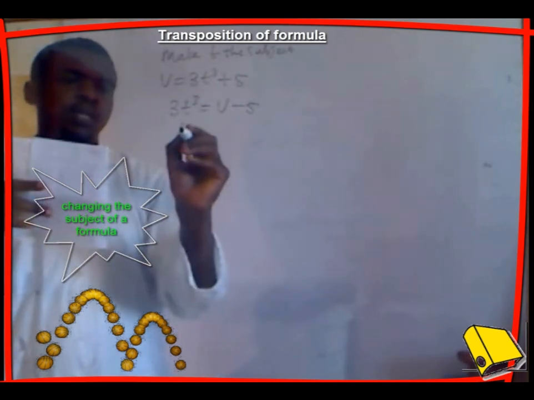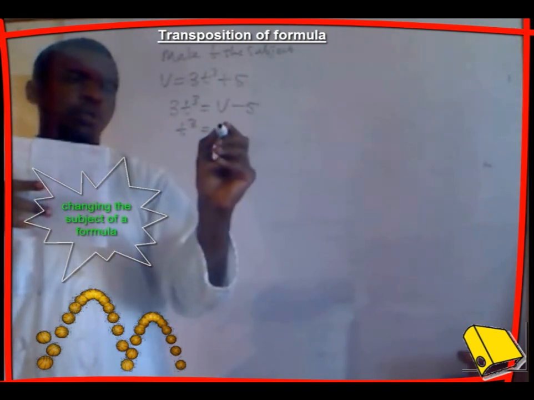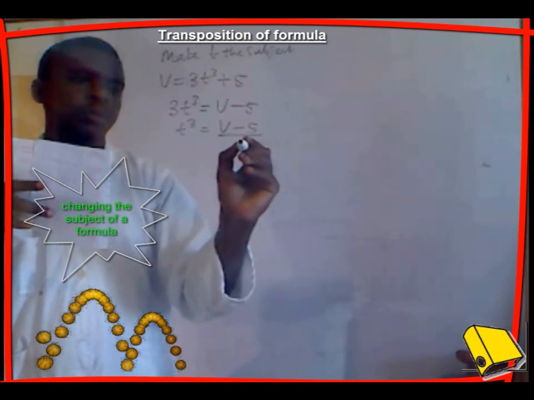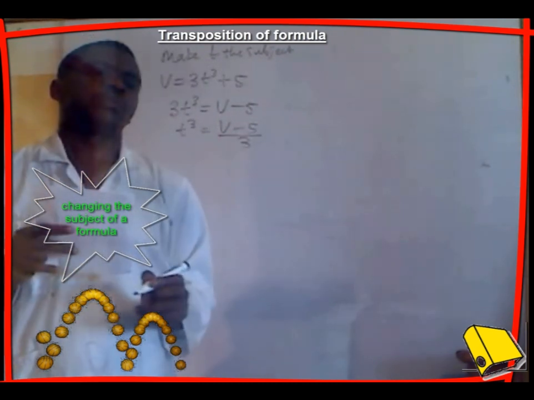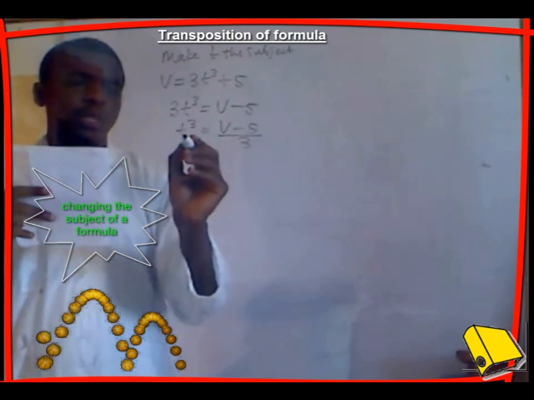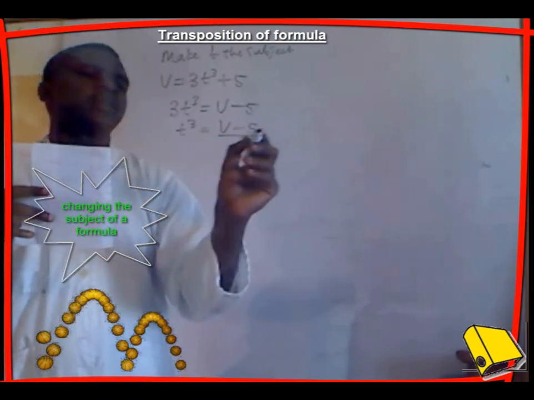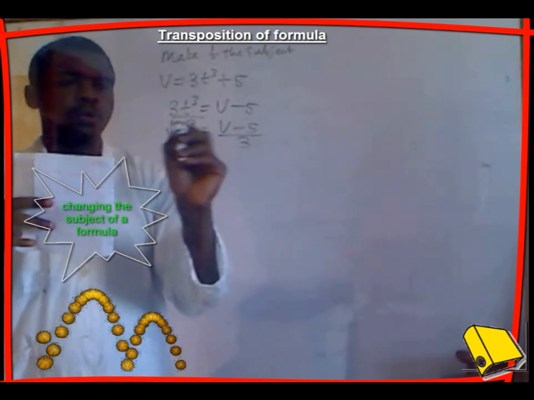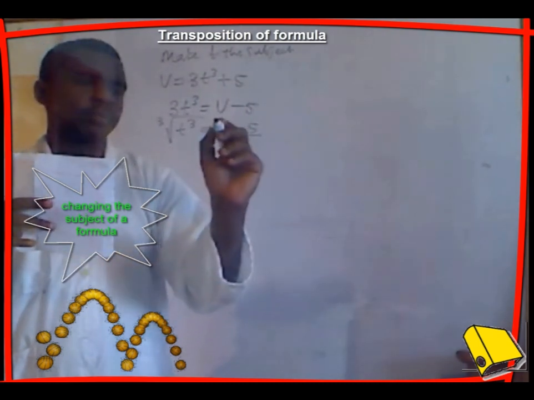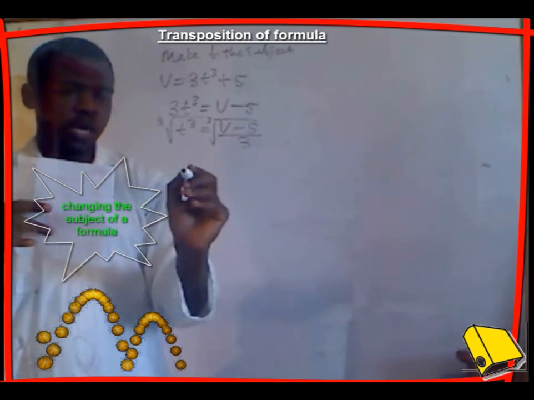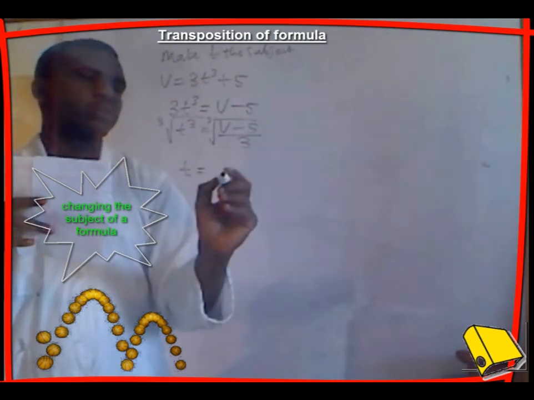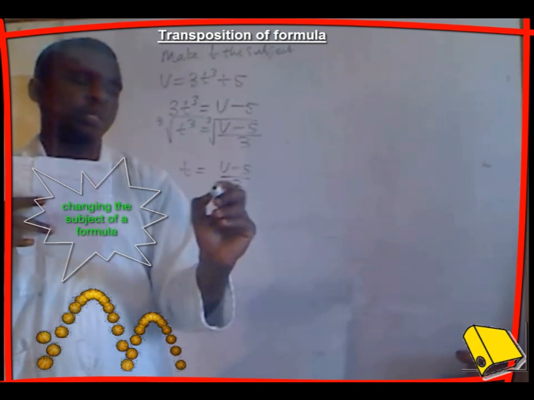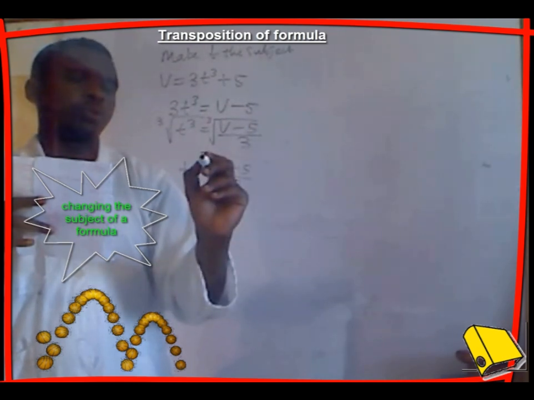I have t cubed is equals to v minus 5 divided by 3. I take cube root of both sides. Here I have t is equals to v minus 5 divided by 3 cube roots.